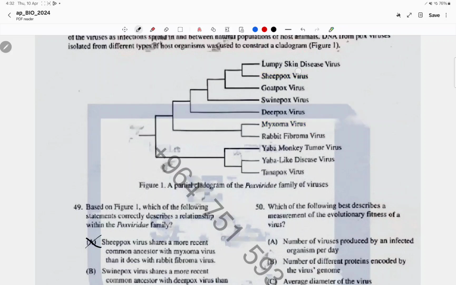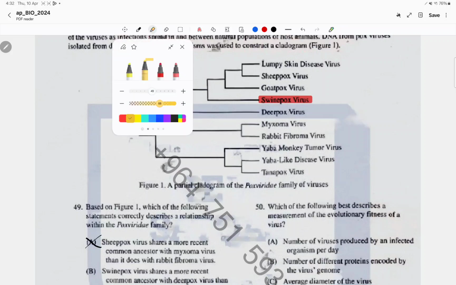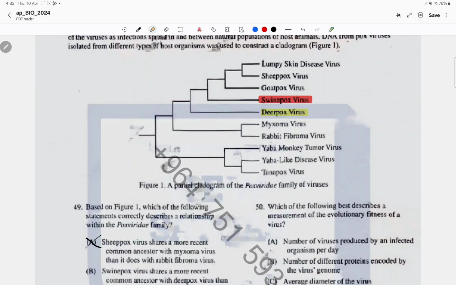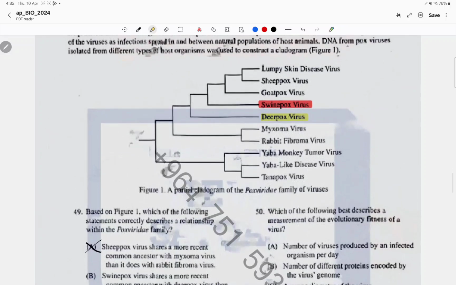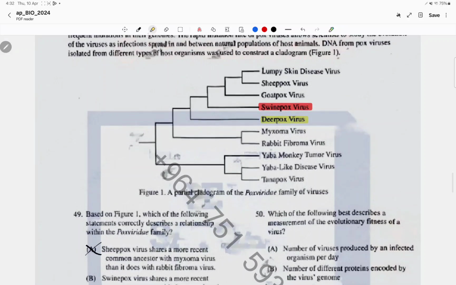Swinepox virus shares a more recent common ancestor with the deerpox virus than it does with the goatpox virus. Is that true? Does the swinepox virus share a more recent ancestor with the deerpox virus?